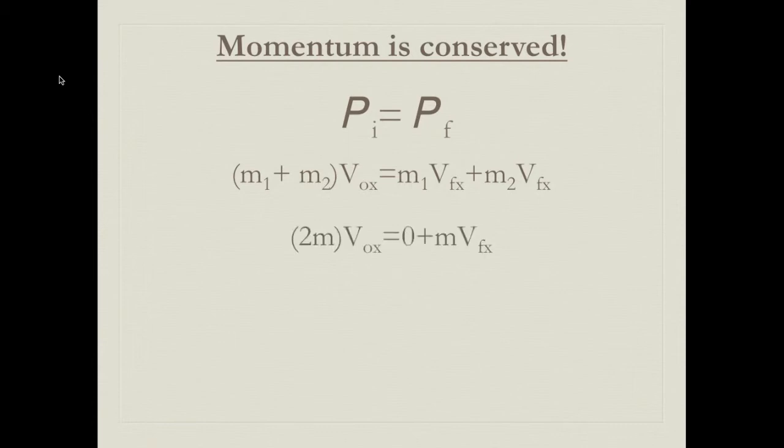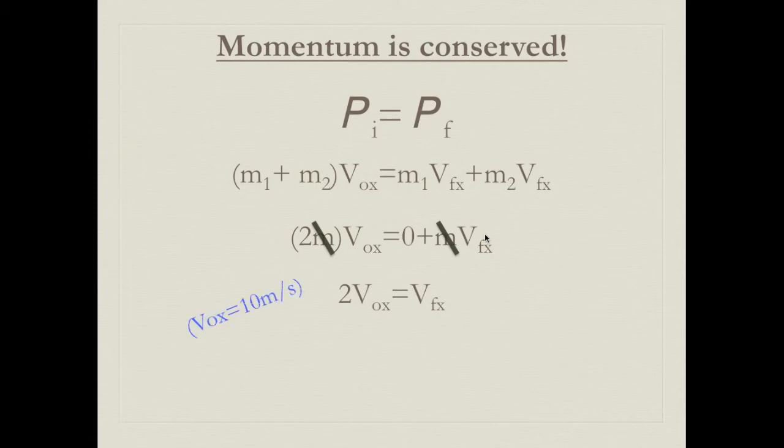One piece falls flat to the ground, so it has no v final in the x direction, so that becomes 0. And our m's cancel out, and we are left with 2 v0 in the x direction is equal to v final in the x direction.